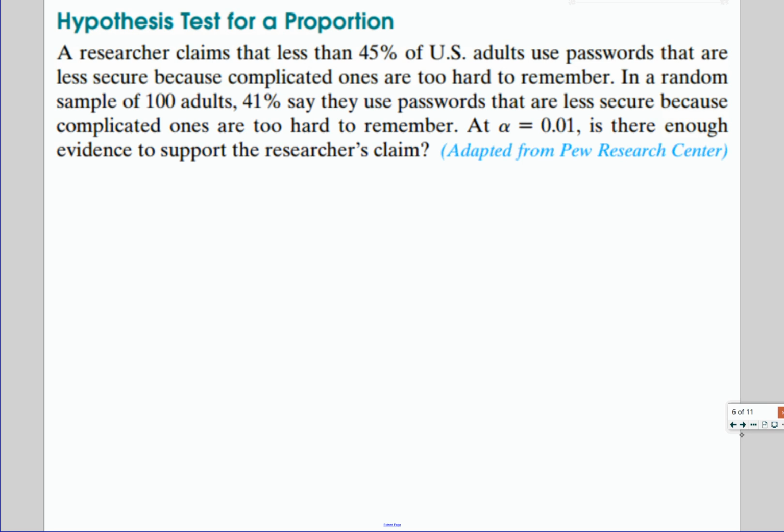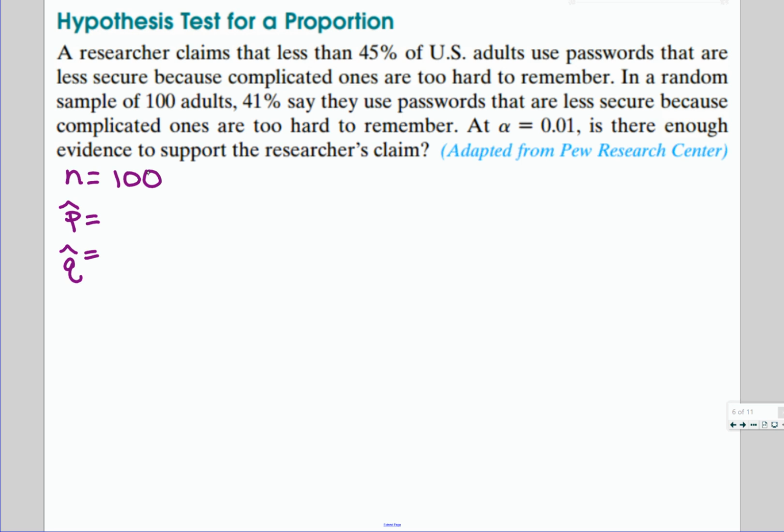Okay, so I'm going to start by finding N, P hat, and Q hat, and then making sure I can do my sampling distribution. What's N? 100. P hat is the sample that said yes to this.